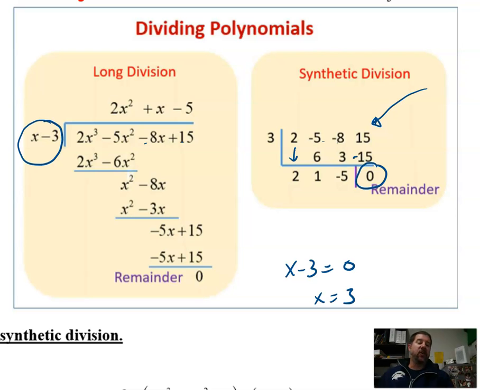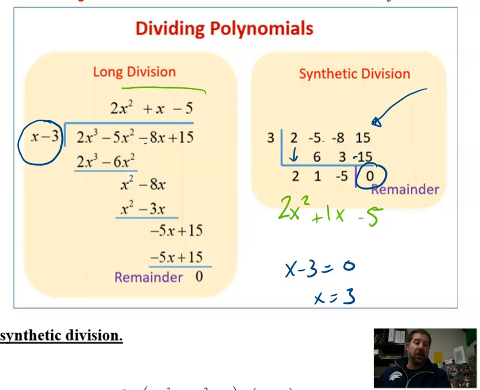And now we just need to interpret what is left over. These numbers left over are the coefficients of our answer. Because we divided x cubed by x, we're going to go down. And we're always going to divide by x because this had to be a linear divisor. When I divide that, this becomes 2x squared plus 1x minus 5, and we didn't have a remainder.